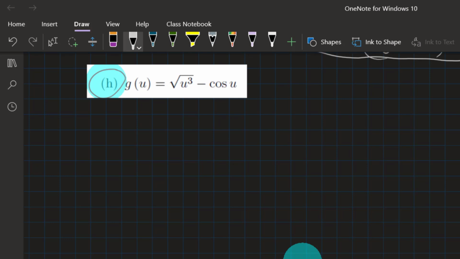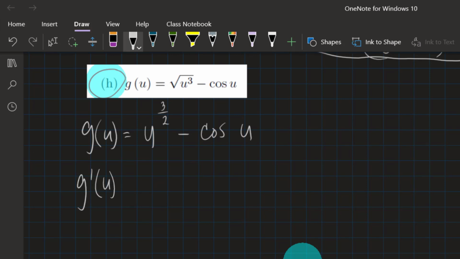So, g of u is equal to the square root of u cubed minus cosine u. So, before we find the derivative, i-convert muna natin ito sa exponential form. So, magiging g of u is equal to u raised to 3 over 2 minus cosine u. And then, let's find the derivative.